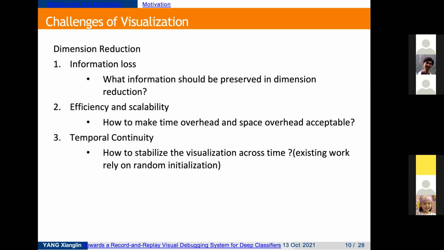Some existing work rely on some random initialization, which makes their visualization not stable. The visualization results given by the same data could be different.